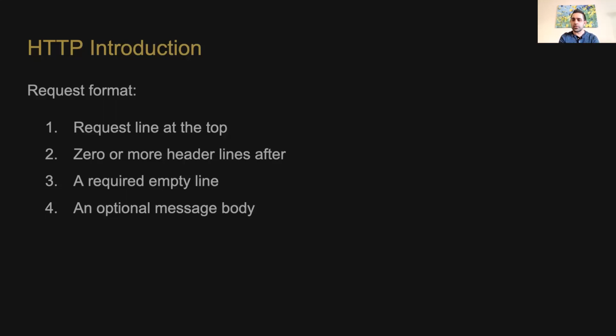There are a lot of headers out there. I'm not going to go over all of them; you can Google them. Then you need a required empty line to separate your headers, and then you can have an optional message body. Even if the body is optional, you still need that empty line because it's required for the format.